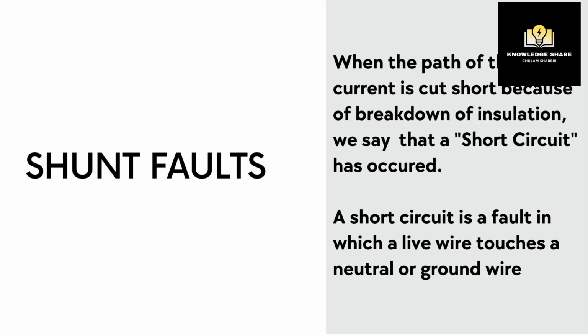When the path of the load current is cut short because of a breakdown of insulation, we say that a short circuit has occurred. A short circuit is a fault in which a live wire touches a neutral or a ground wire.